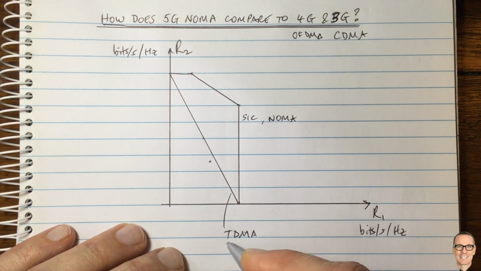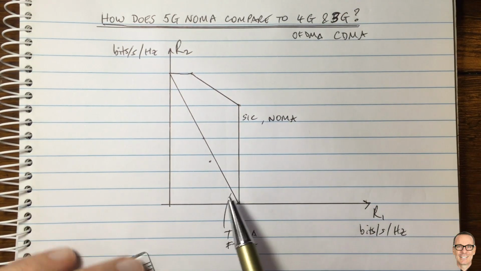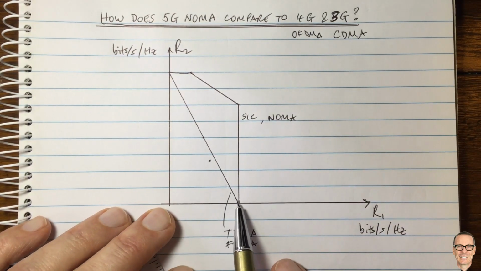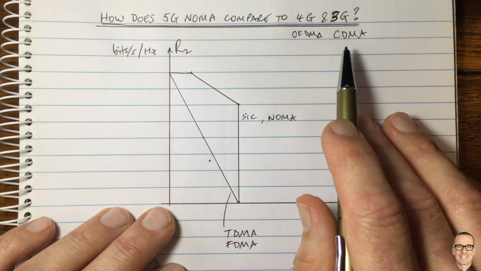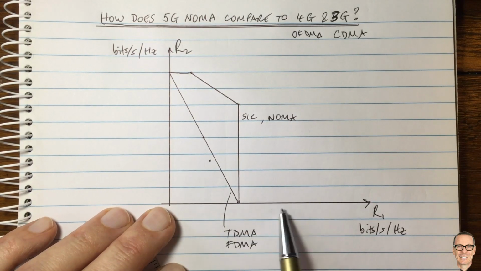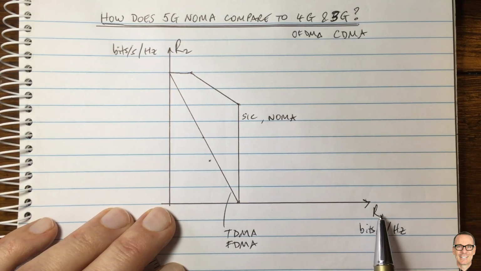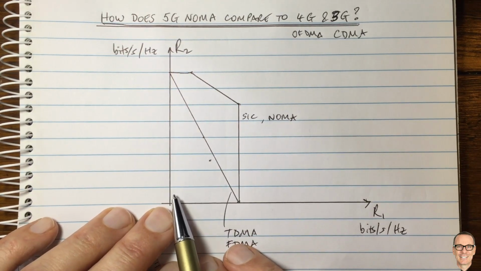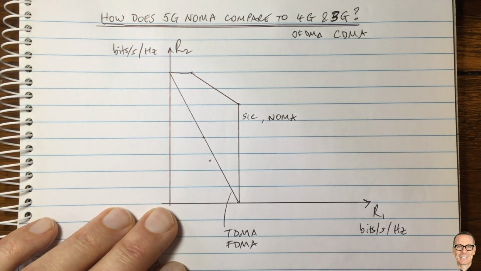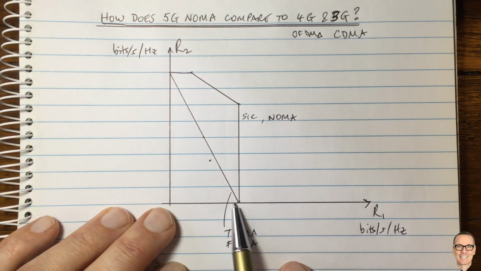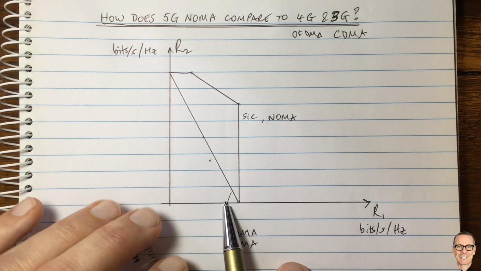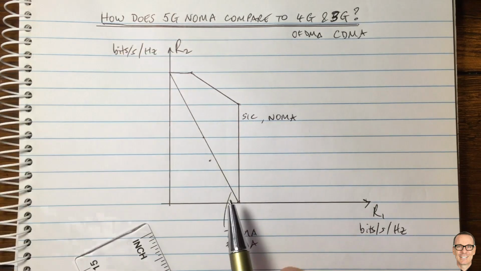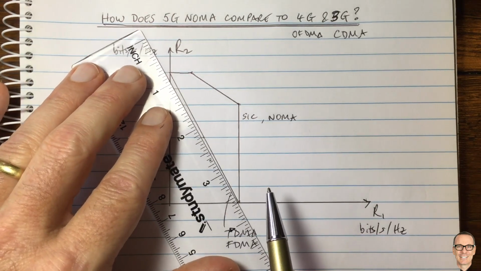On this line, if you're going to do it in an orthogonal way, let's take TDMA for example, for a portion of the time you're going to send with user 1, but not any of user 2, and then the other portion of the time you'll let user 2 send, but not user 1. Then you're going to get a fraction of user 1's rate, and when you're sending to user 2, you'll get a fraction of user 2's rate, and it's going to live on this line.